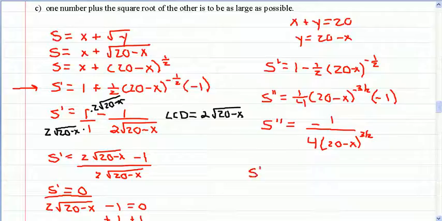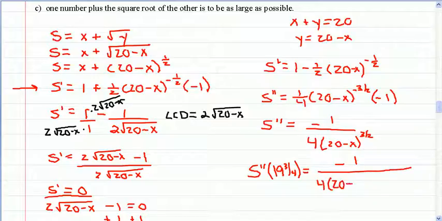So that when I take 19 3/4 and substitute it in for x in the second derivative, I'm not concerned with the value of the second derivative at 19 3/4, but rather the sign.